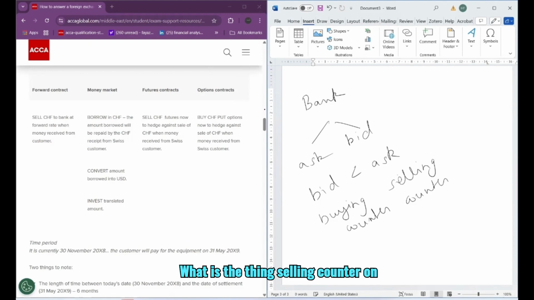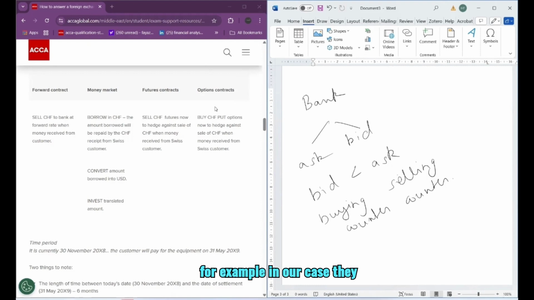Now we always have to think that the bank is going to be profitable here, because the bank's business is about the bid and ask spread. They will subtract the bid from the ask, because that rate is higher, to get the profit, to get the spread. And that's the way they earn from the foreign exchange trade business.